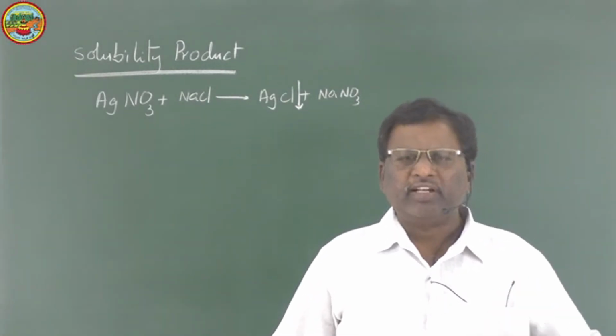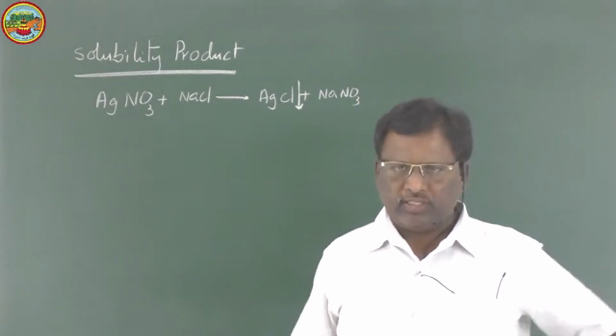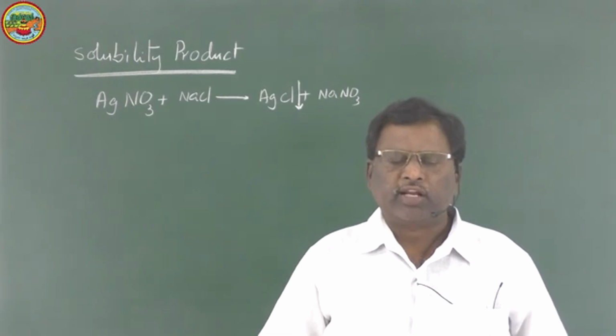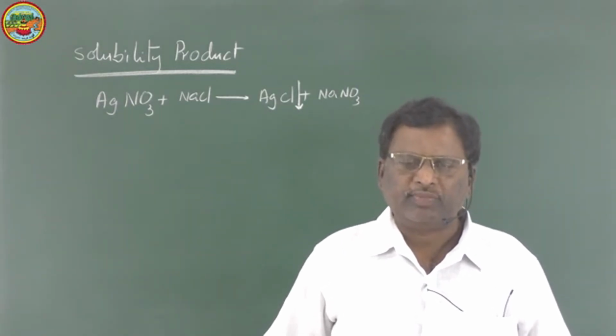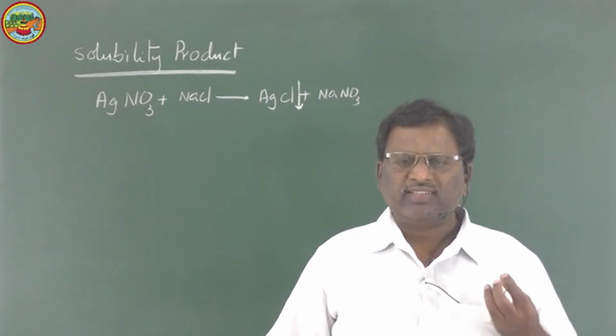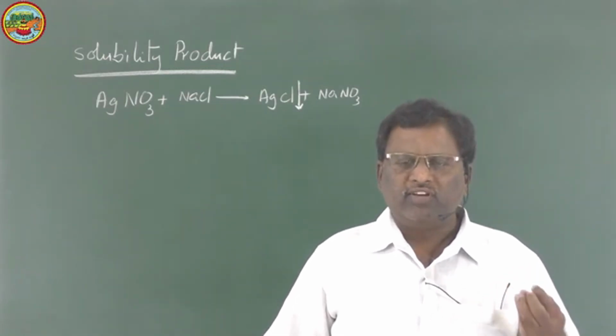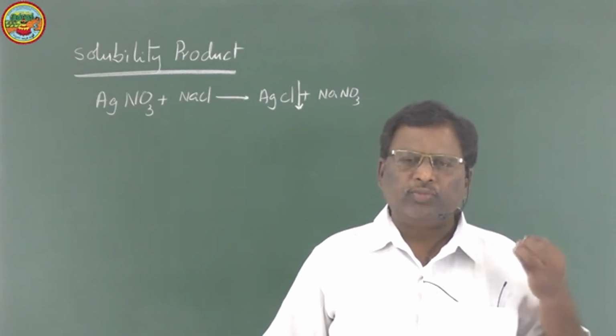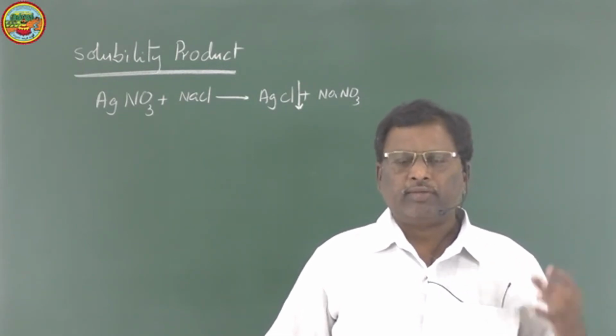So when a precipitate is formed, for example, here AgCl is precipitated out. We call it AgCl precipitate. AgCl precipitate means a solid which is separated when silver nitrate solution is mixed with NaCl solution.